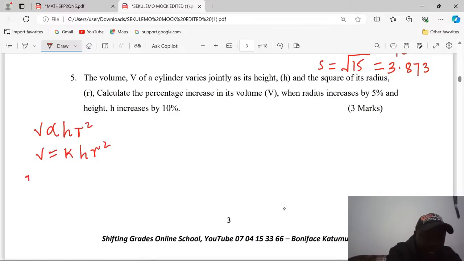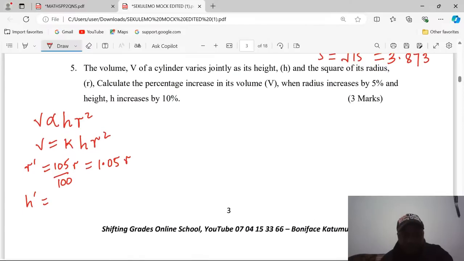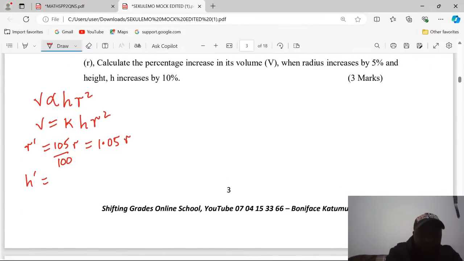So the new radius becomes 105% of the original R, so 1.05 R. What about the new H? It increases by 10, so it becomes 110% of the original H, so this will be 1.1 H.